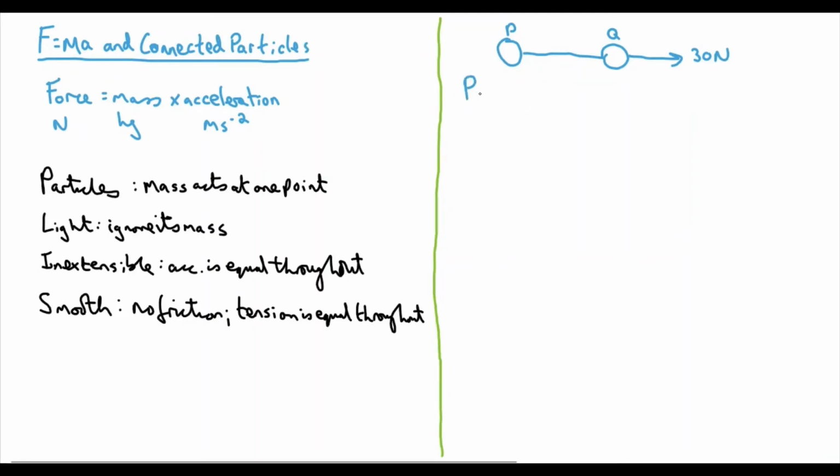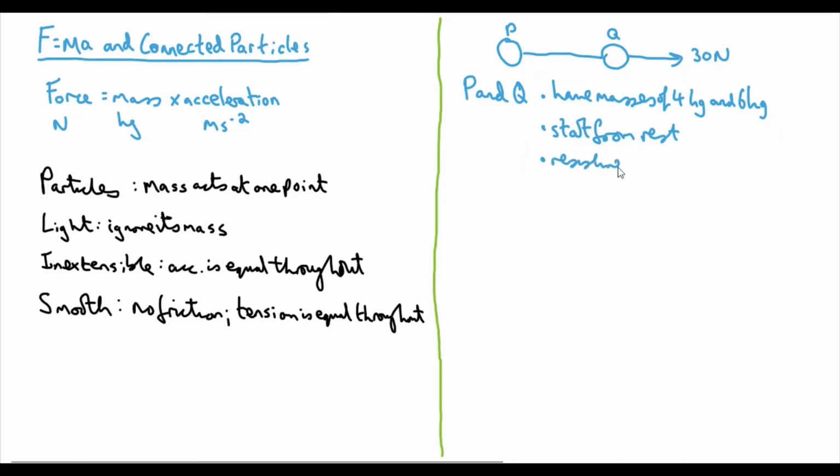So we're told P and Q, first of all, have masses of 4 and 6 kilograms respectively. They start from rest, which, if we remember, means that their velocity is 0, and when we think about SUVAT questions. Their resistive forces are 2 newtons and 4 newtons respectively.